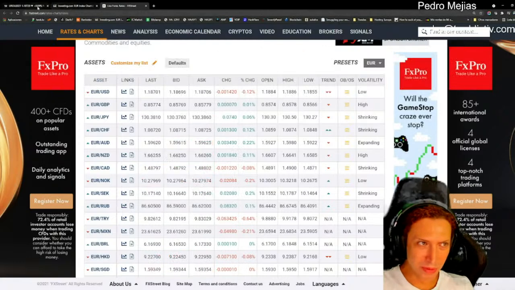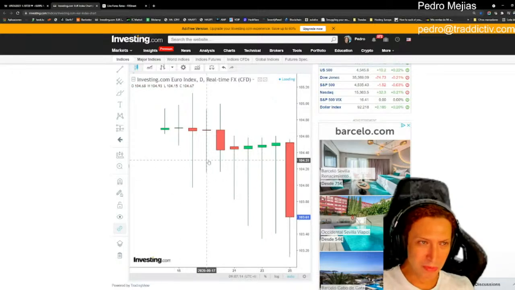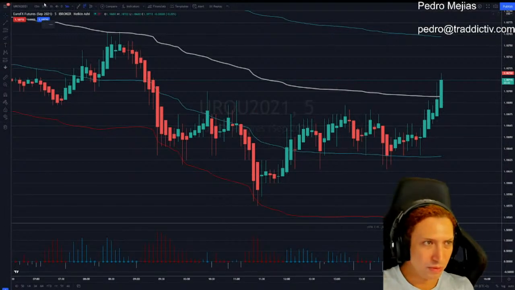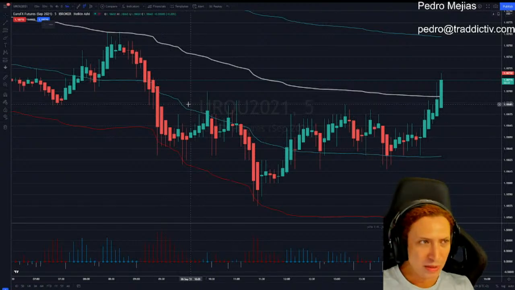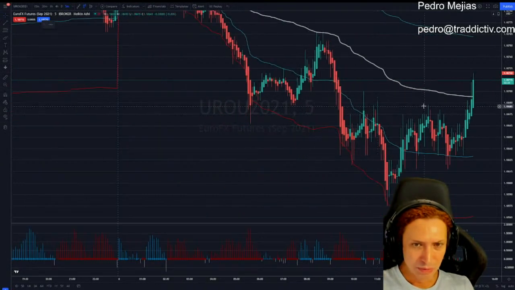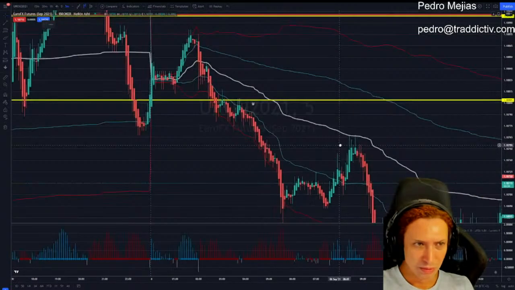At the moment, we are looking at a bearish position we might be taking. Let's see some charts. You can see here TradingView, looking at the euro. This is a 5-minute chart. We can see where the euro is right now and how it's moving during the day.